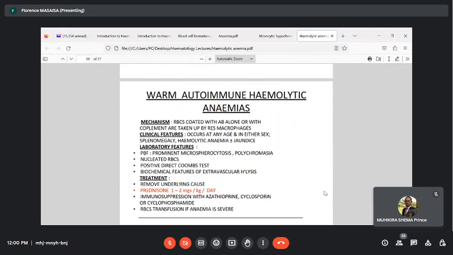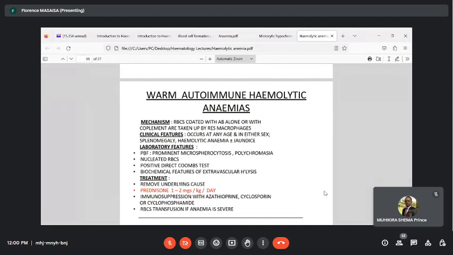In the laboratory, you will see prominent microspherocytosis. I showed the picture. Polychromasia means there is a high concentration of hemoglobin in the cells. There will be immature red blood cells because the bone marrow is busy producing more red blood cells, so there will be release of immature red cells into the bloodstream at an earlier stage.